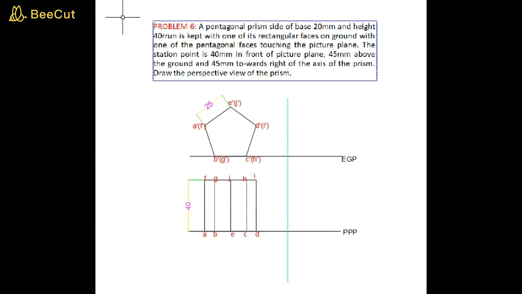Let's mark the distances. See the central plane.